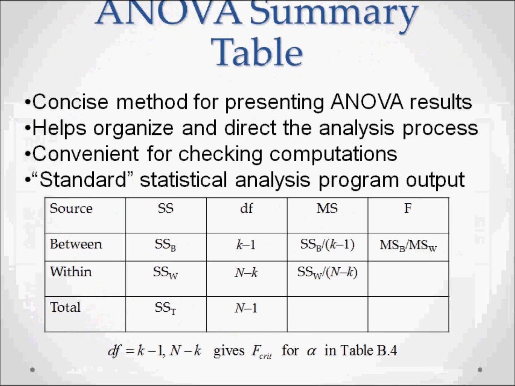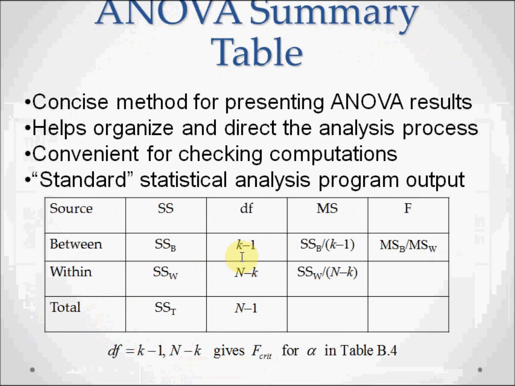Again, this is the summary table that I encourage you to always use. It helps keep you organized, and it helps keep your calculations in check. Once you solve for each one, you plug it in the table. The values going down add together, and the degrees of freedom add to the total.